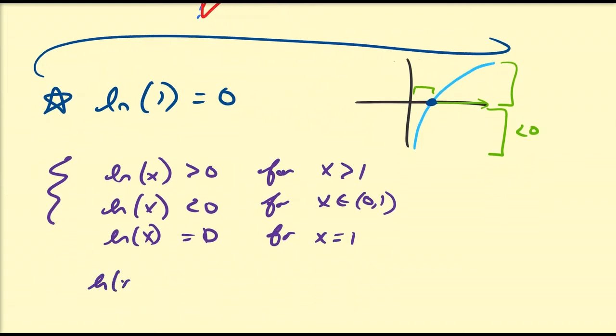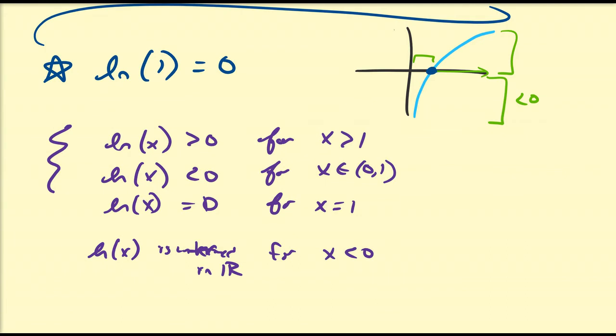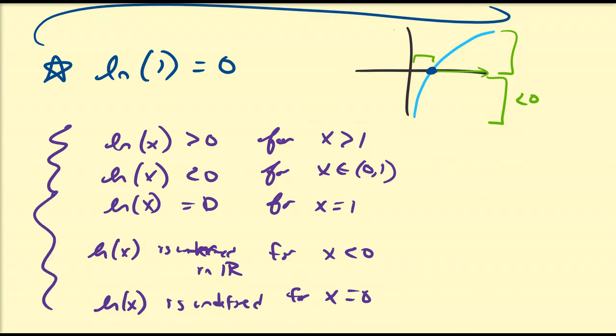Or you can say the natural log of x is undefined in R for any x less than 0. We can talk about this when we discuss the complex plane in more detail. But moreover, the natural log of x is undefined, both in R and in the complex plane, for x equal to 0, right? So those are the 5 primary cases, with the most used cases being the first 3.